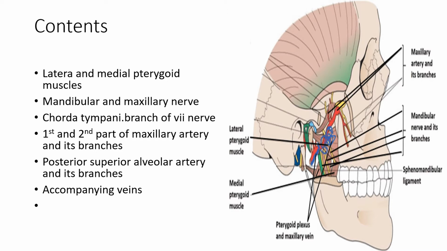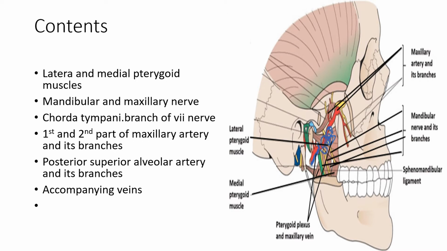And the chorda tympani, which is basically a branch of the seventh nerve, and the first and second parts of the maxillary artery and its branches are also included in it. So what are the first and second parts of the maxillary artery? We will discuss it after some time.